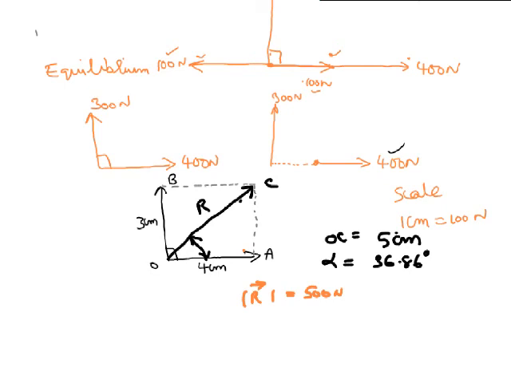Once you find the resultant, you can apply only the resultant and remove these two forces, and the system is still the same. Whether you apply a single R here or you apply two forces of 400 and 300 newtons, the effect on the system is going to be the same.